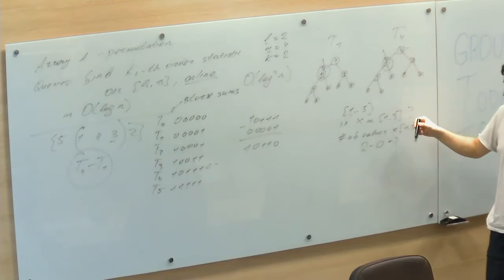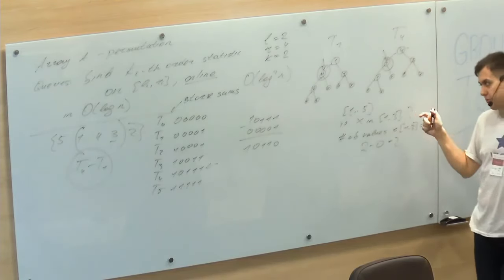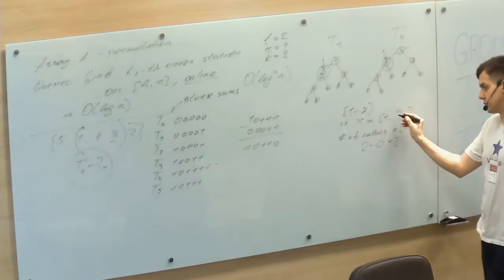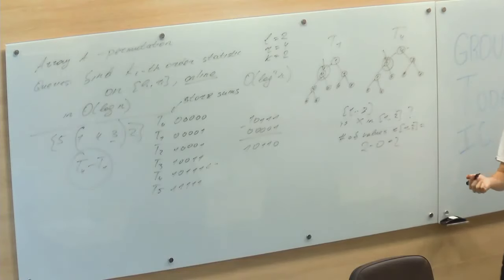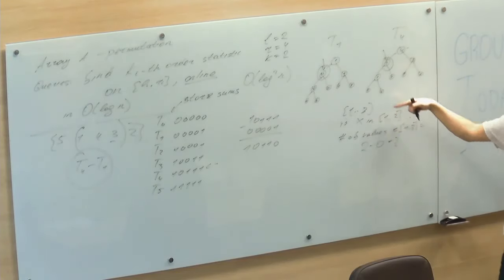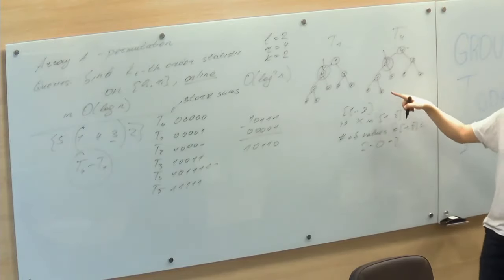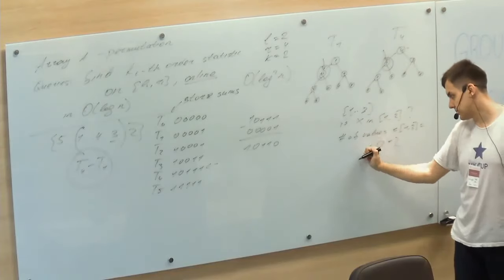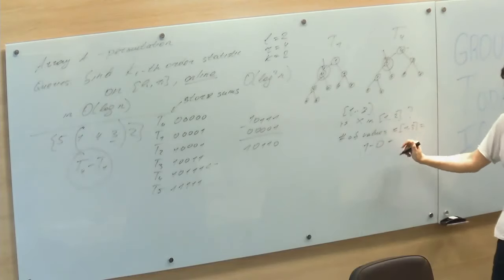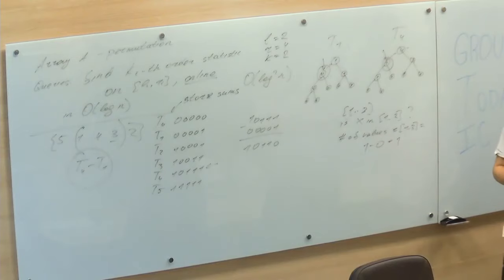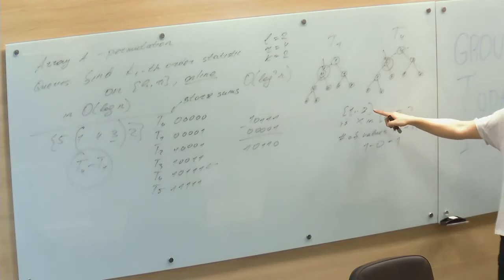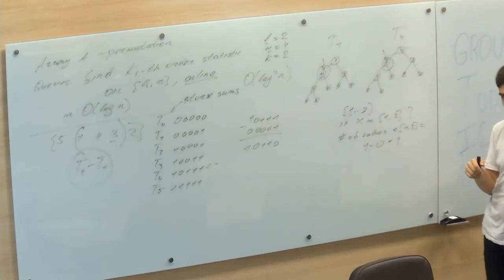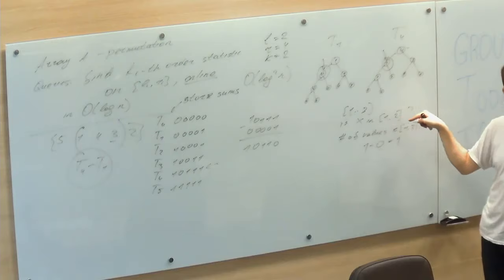Again, our current working segment is from 1 to 3, and we would like to check: is x from 1 to 2? To do that, we count the number of values in the left subtree here minus the left subtree here. It's 1 minus 0, which is 1, right? So we know that the answer is some value from 1 to 3, and there is only one number from 1 to 2.